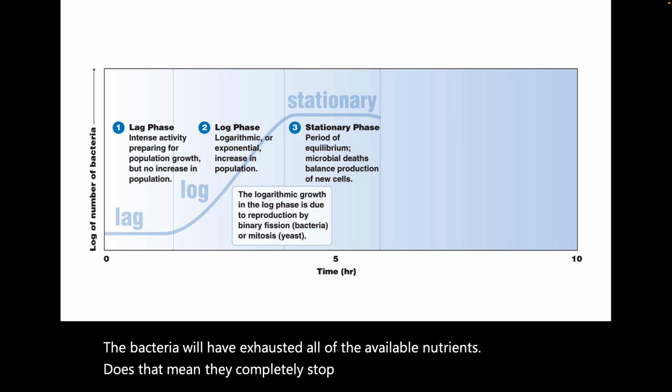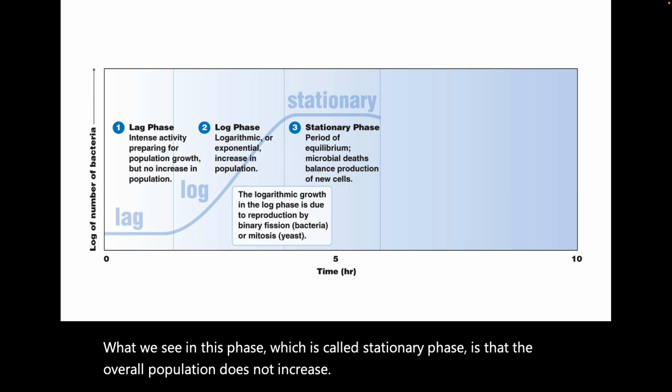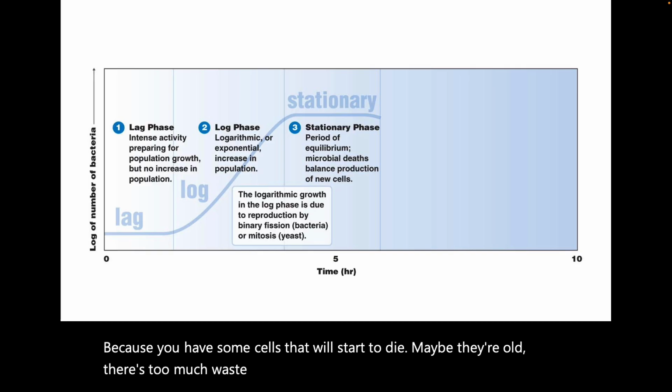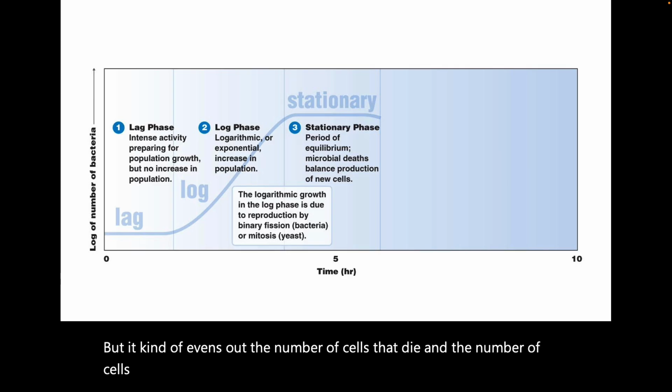Not necessarily. What we see in this phase, which is called stationary phase, is that the overall population does not increase because you have some cells that will start to die. Maybe they're old, there's too much waste buildup, but there will be some continued growth, but it kind of evens out. The number of cells that die and the number of cells that grow are roughly equivalent.